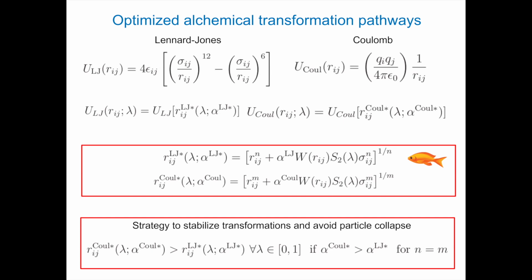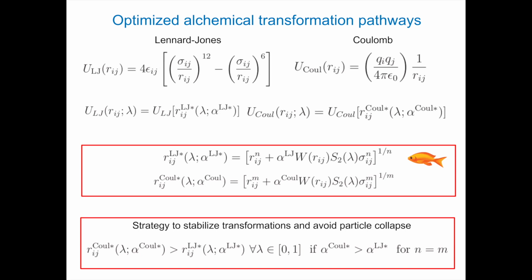So when you transform a molecule so that its environment is not interacting anymore, you want to maintain a balance between the Lennard-Jones and Coulomb potentials. Essentially, you want to turn off the Coulomb potentials, which are the attractive potentials, a little bit more quickly than you turn off the Lennard-Jones interactions, so that there can never be a crossover point where all of a sudden it's more favorable for the Coulomb interaction to overcome the Lennard-Jones interaction, causing what's called a particle collapse.